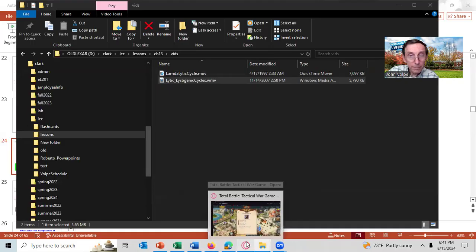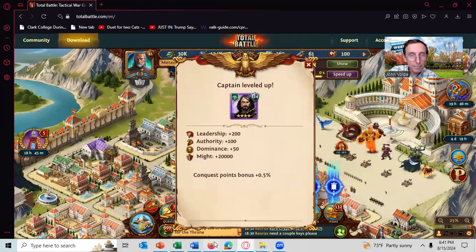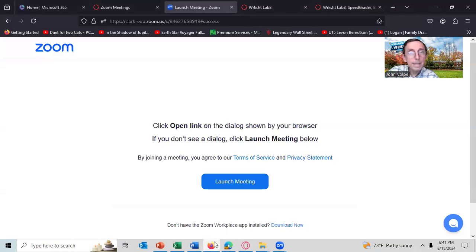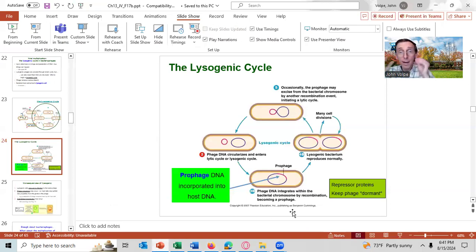All right. The last thing I want to talk about, lysogenic life cycle. I've already talked about the repressor protein keeping dormant the lytic genes.